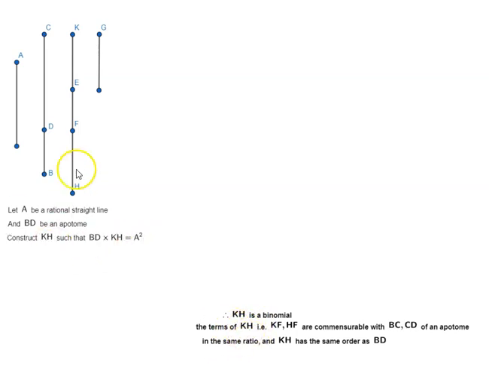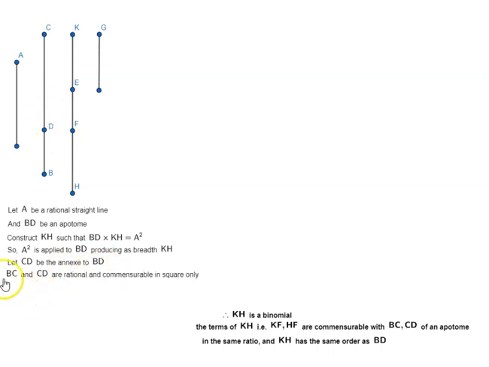Okay, construct KH such that BD by KH is equal to the square on A. So A square is applied to BD, producing as breadth KH. Let CD be the annex to BD, which means BC and CD are rational and commensurable in square only.